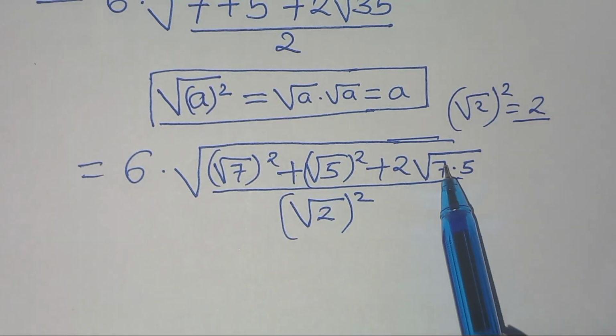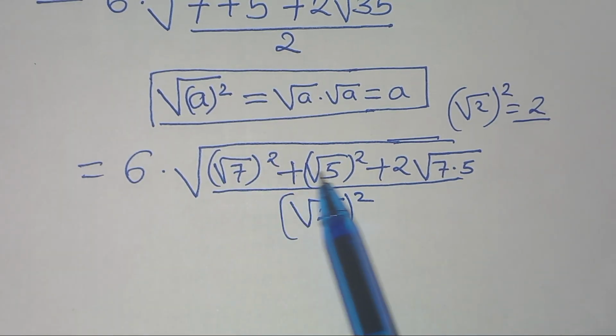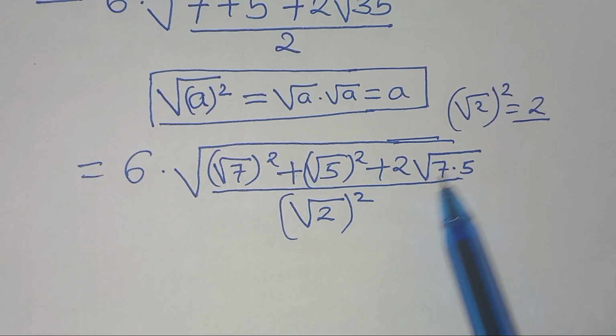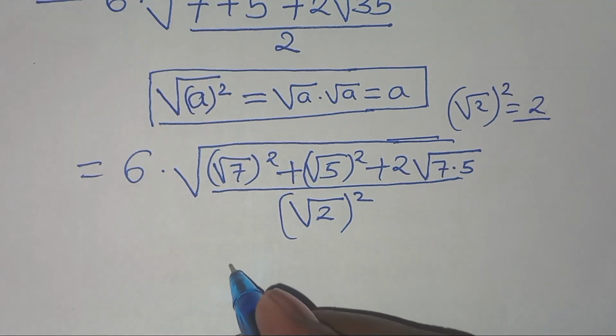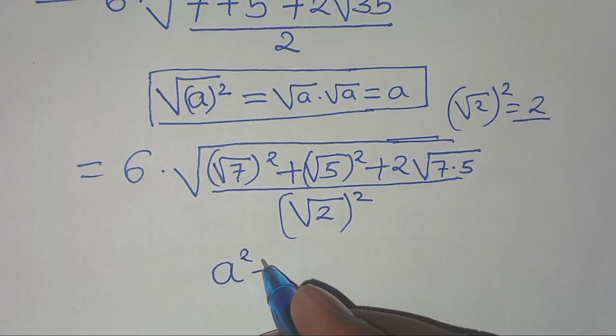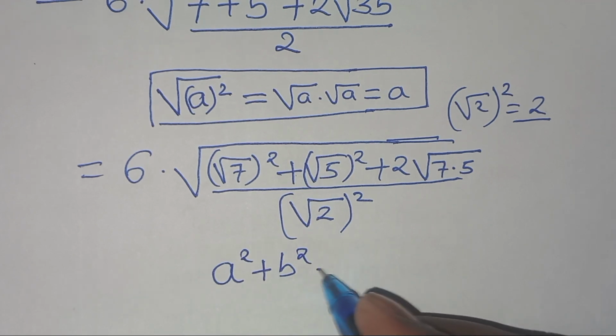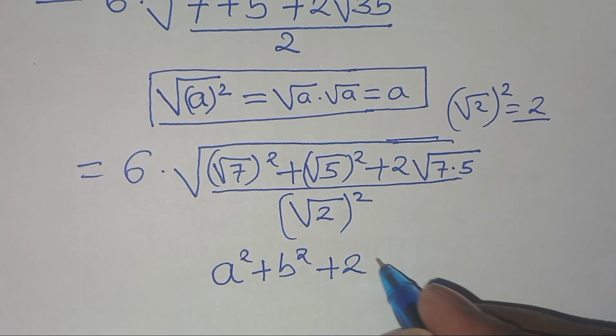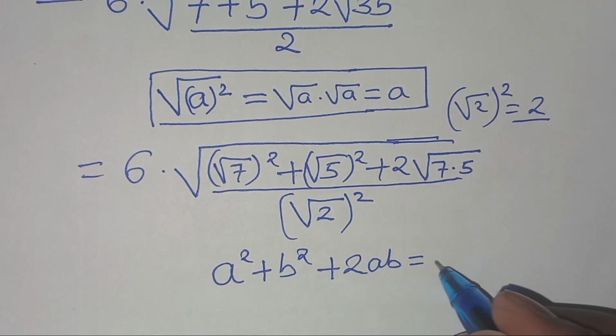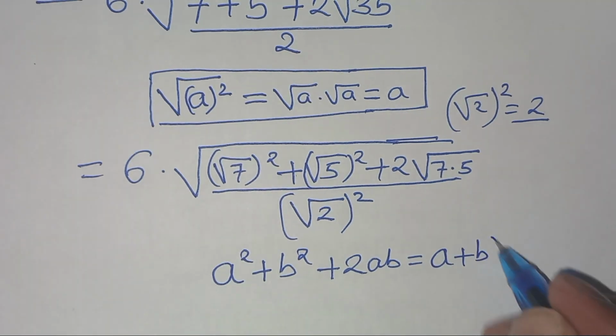So now from what we have here, square root of 7 squared plus square root of 5 squared plus 2 times square root of 7 times 5. This is in the form of a squared plus b squared plus 2ab, which we can express as a plus b squared.